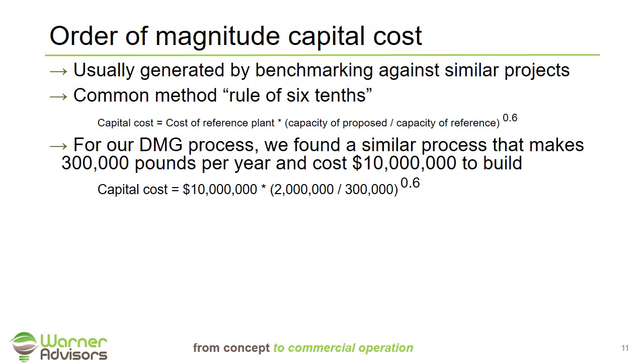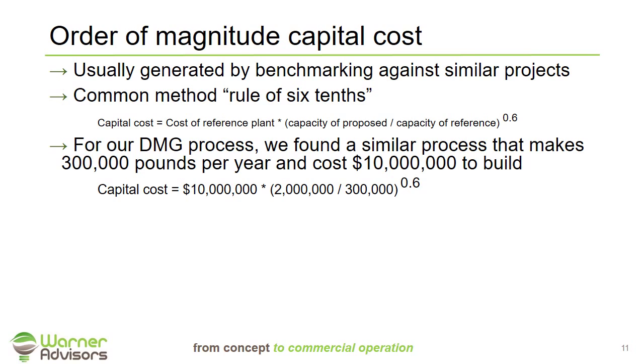So based on that information, we know we're trying to generate our capital cost. The reference plant costs $10 million to build. We know our proposed facility, we're looking to make 2 million pounds a year, and the reference facility is a 300,000 pound a year facility.